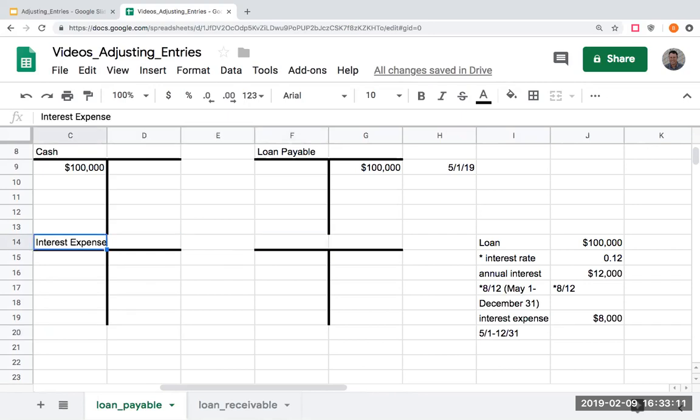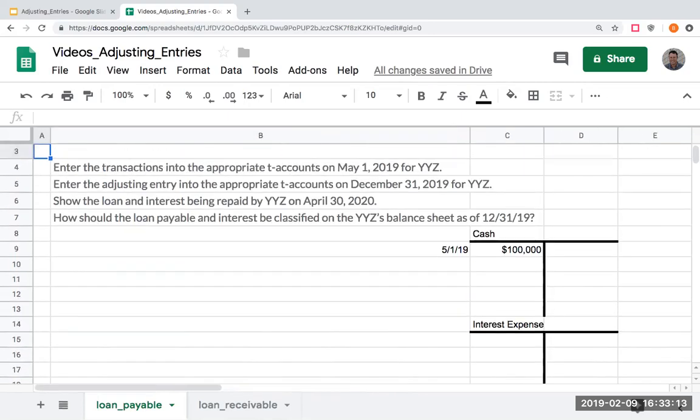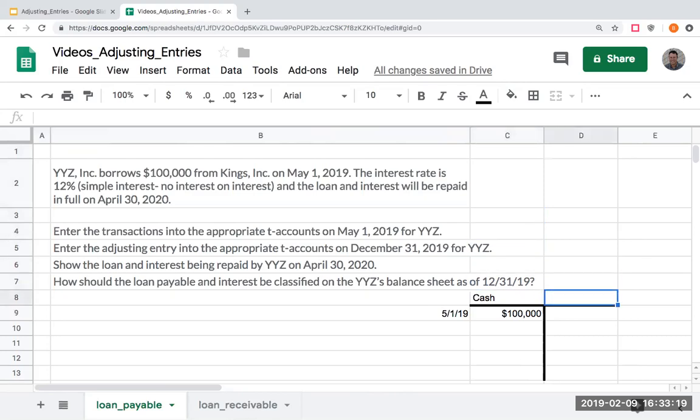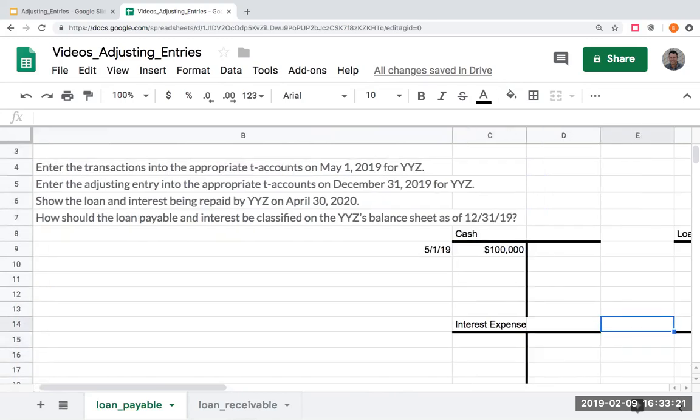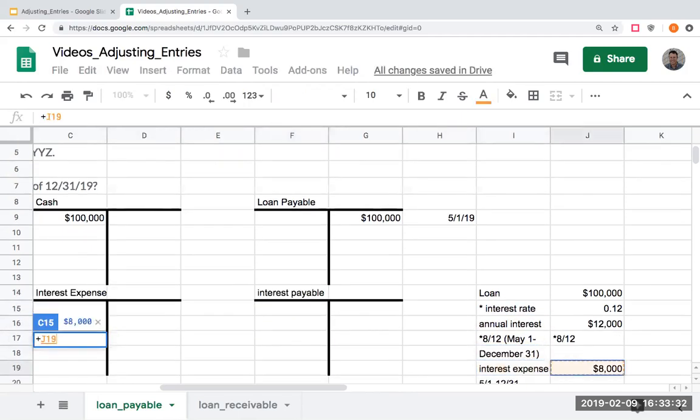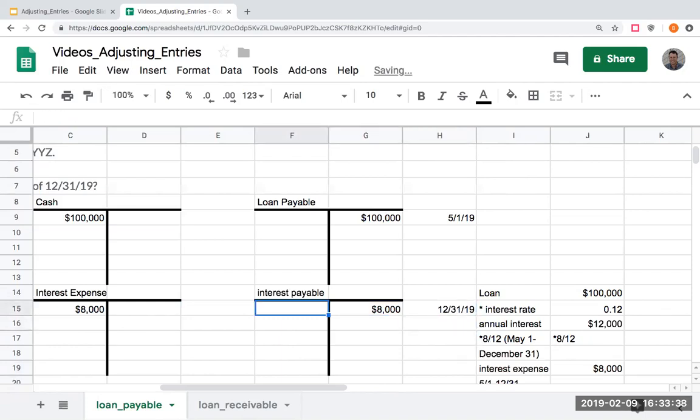Because the loan does not require me to pay back the amount in full until April 30th of the following year, what I'm going to be doing here is crediting interest payable. And so my interest expense is going to be debited for $8,000. My interest payable will be credited for $8,000.